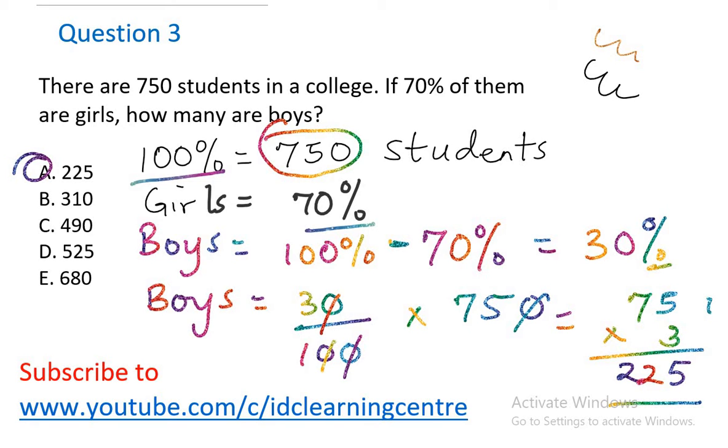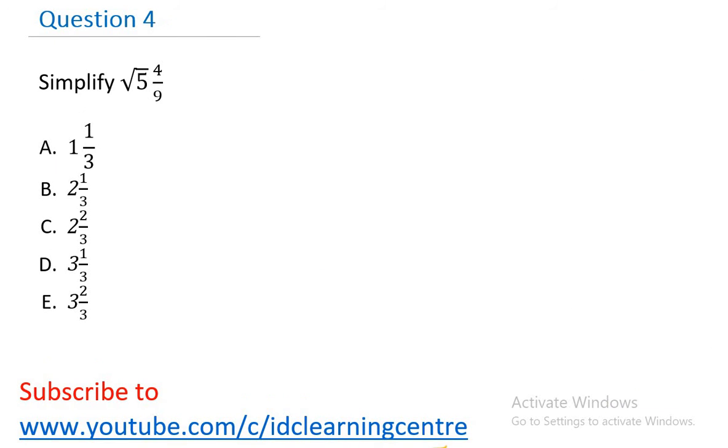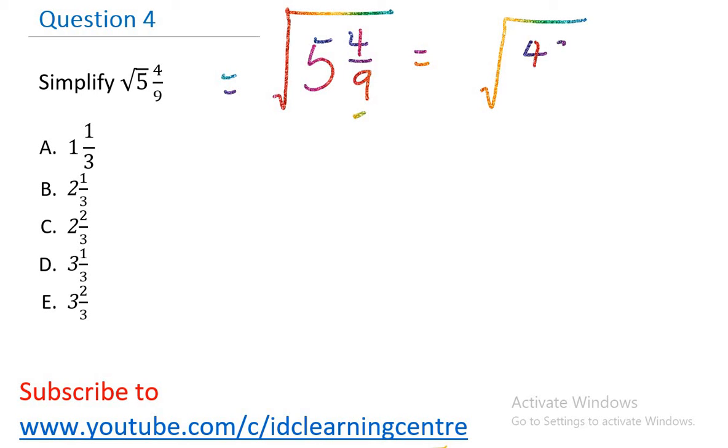Now, question number 4. This question says, simplify the square root of 5 whole number 4/9. The first thing we need to do is just to change everything to a proper fraction. 9 times 5 is 45 plus 4, 49/9.